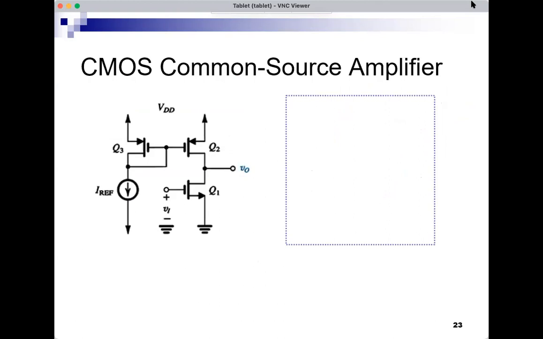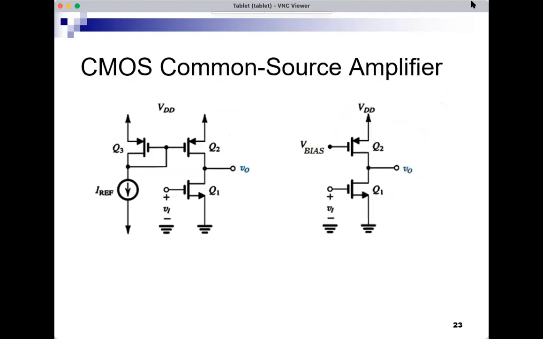Now, instead of showing the whole circuit every time, we can just show Q2 like this with a V bias. If you see a circuit like this with a V bias, it means that it's probably coming from a circuit where Q2 is mirroring a certain reference current, and the left half of the circuit is basically setting the voltage here to some V bias.